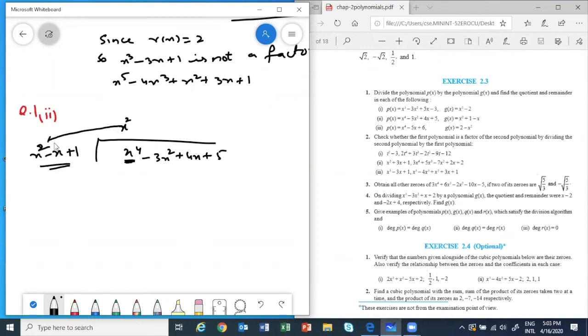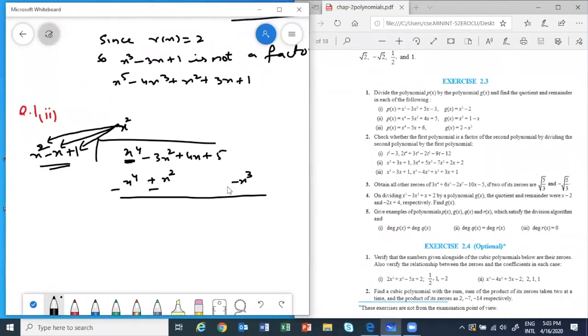So now you will multiply this with this, this with this, and this with this. So what I'll get? X power 4 minus x cube. There's no x cube term here, so for now I'll keep it aside. And then plus x square. Now change the sign.